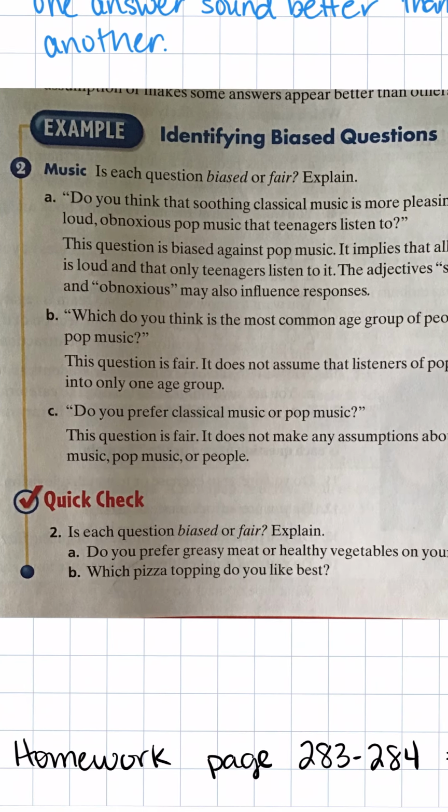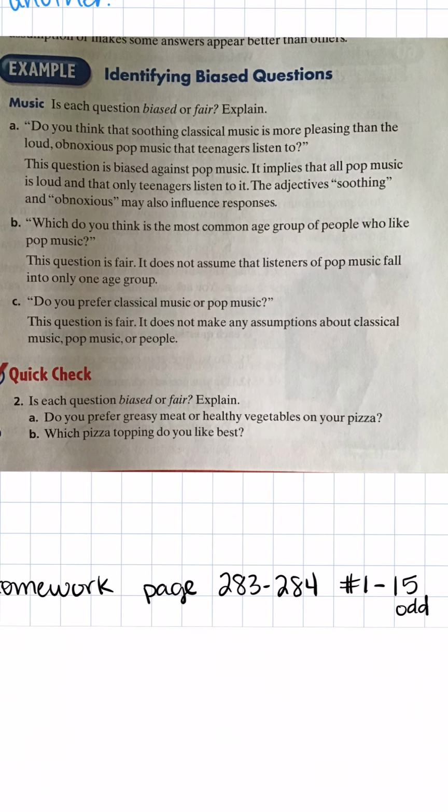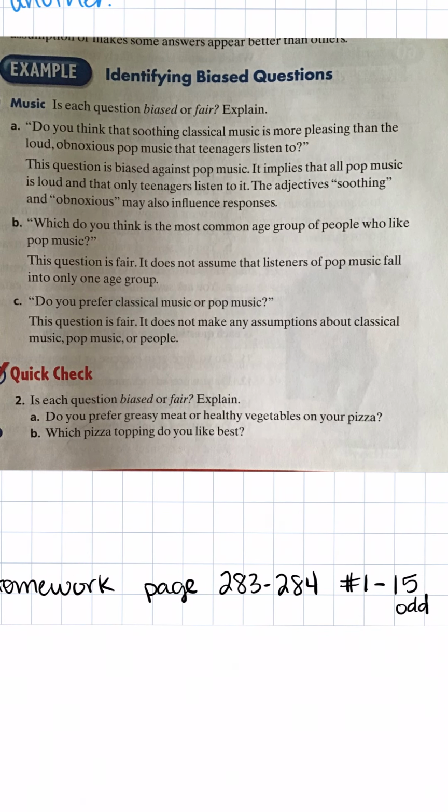Here's another example. So let's look at these and decide, is each question biased or fair? Do you think that soothing classical music is more pleasing than loud, obnoxious pop music that teenagers listen to? That one's biased.